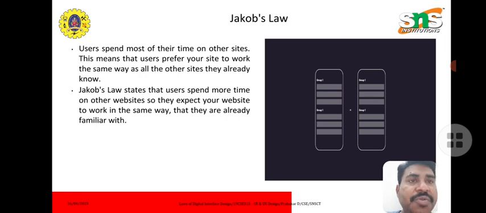Nowadays users are very interested in working on various interfaces that are very helpful to them.